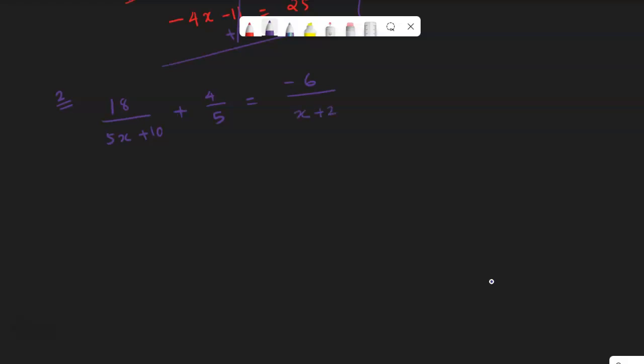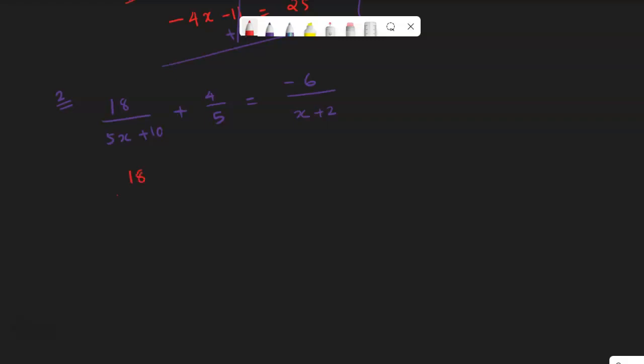We can approach this problem through multiple ways. Here I am going to first look at the denominators. See here, it is 5x plus 10, the first denominator. So I am going to split it up and take the common piece out.